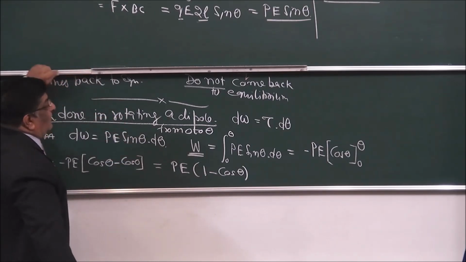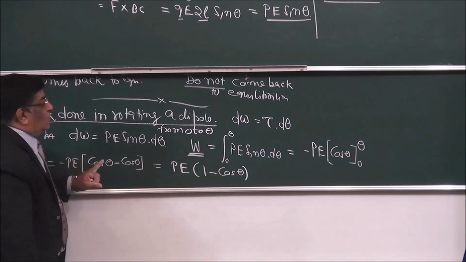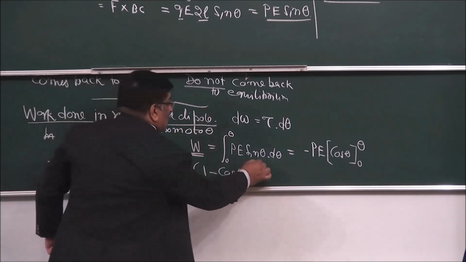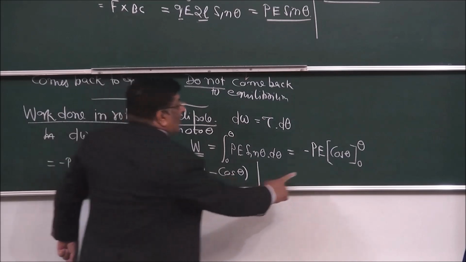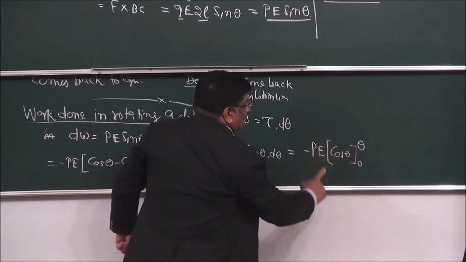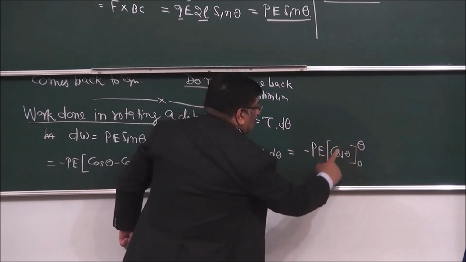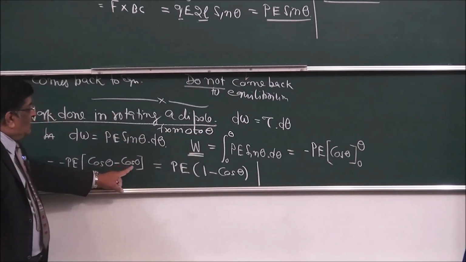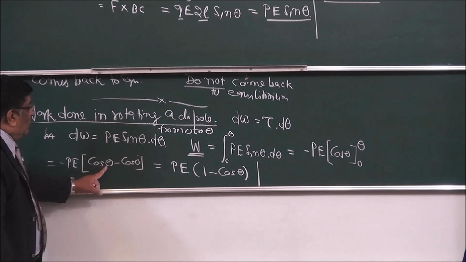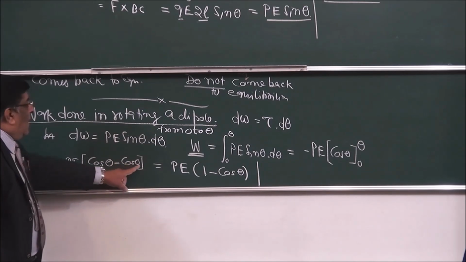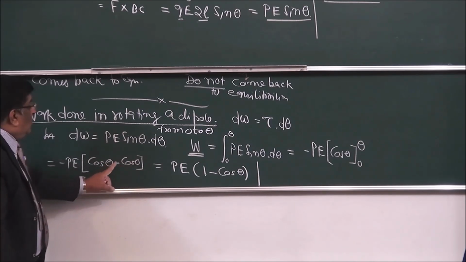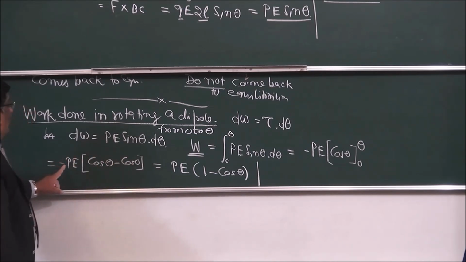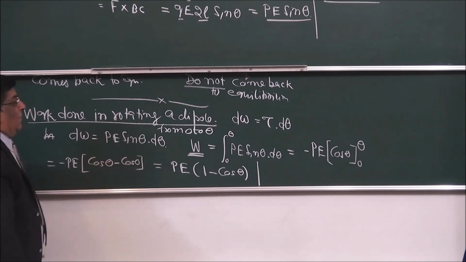Suppose we rotate it from 0 to 90. Then what will happen? We will make it 0 to 90. So this will be cos 90 minus cos 0. Cos 90 is equal to 0, and cos 0 will be 1. So 0 minus 1, multiplied with the minus, this will be plus.